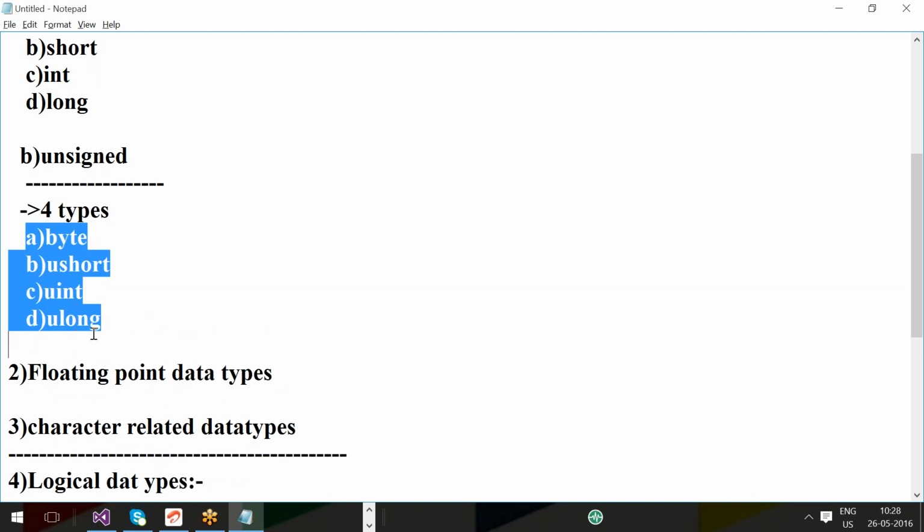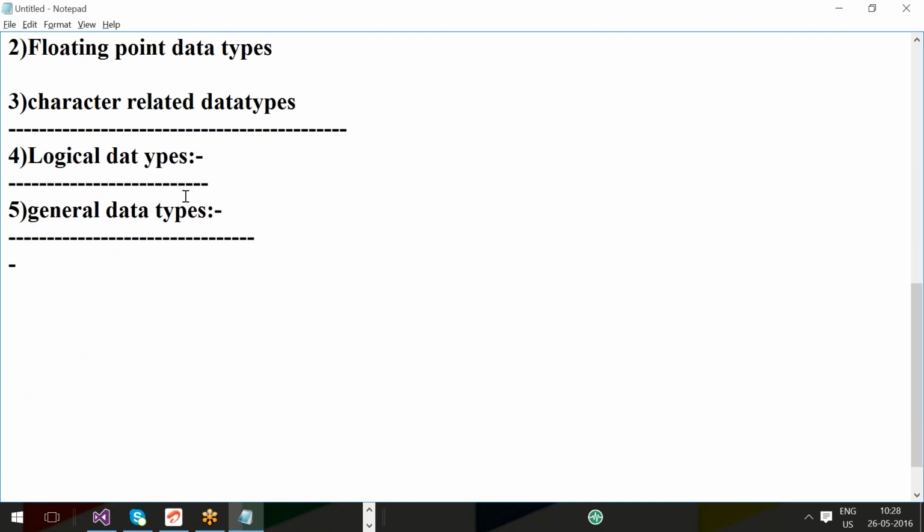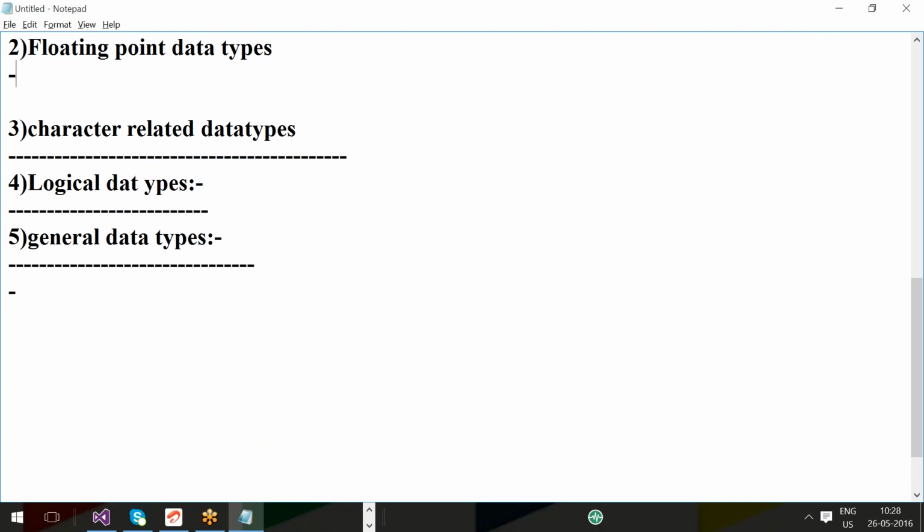The byte is 1 byte, ushort is 2 bytes, uint is 4 bytes, and ulong is 8 bytes.